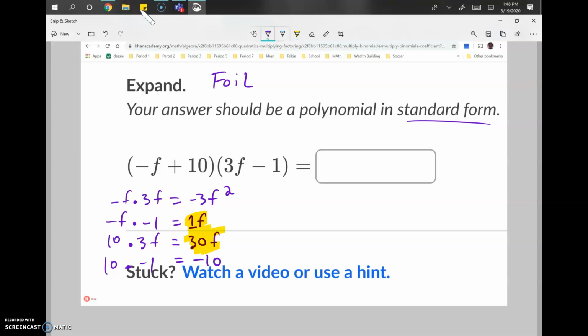We can combine those two terms: 30 and 1 combine to 31f. Final answer, highest exponent first. Highest exponent here is this one. So we've got negative 3f squared plus 31f minus 10.